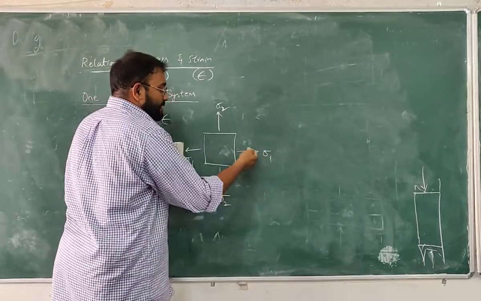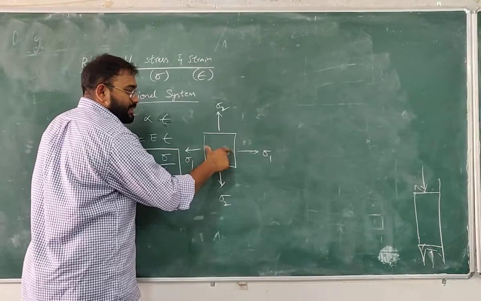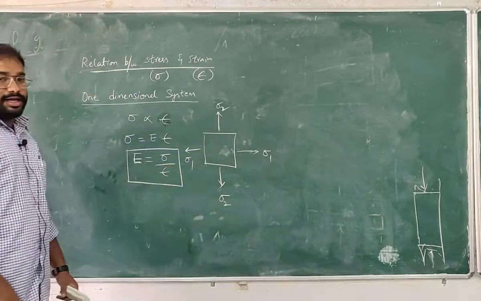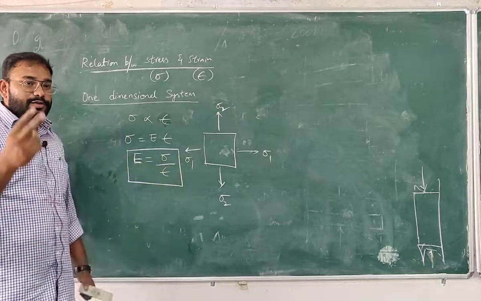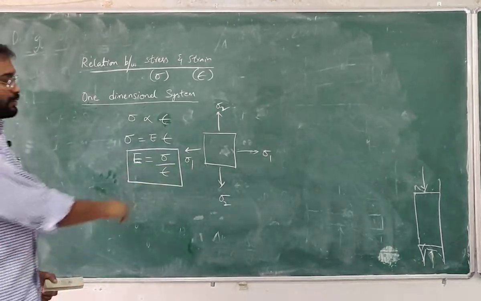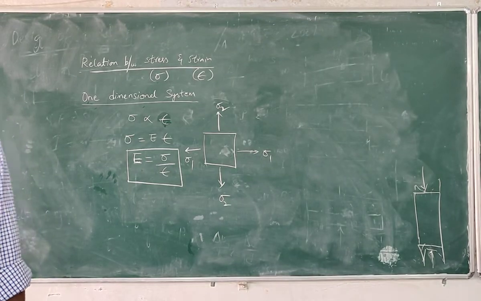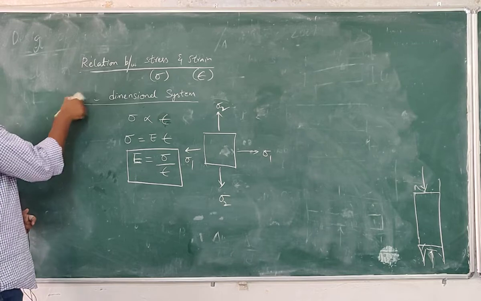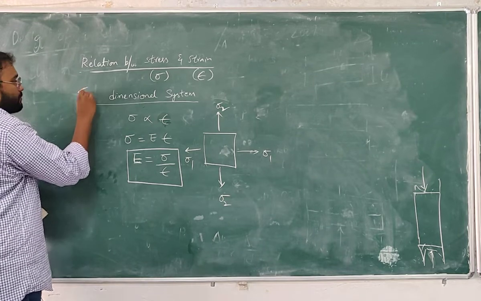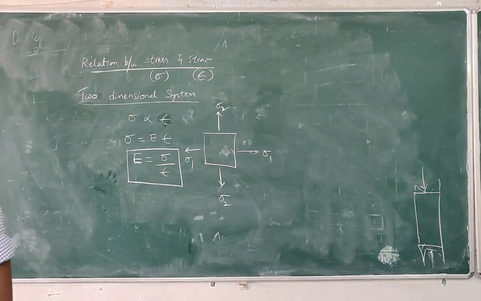Okay, this is the stress sigma 1 in one direction, sigma 2 is stress in another direction. Now this relation will not work here because you have two stresses here. Because of the two stresses, you will have two strains. Okay, so now you need to use Poisson's ratio. Okay, for a two-dimensional body, stress is directly proportional to strain. This condition will be there.